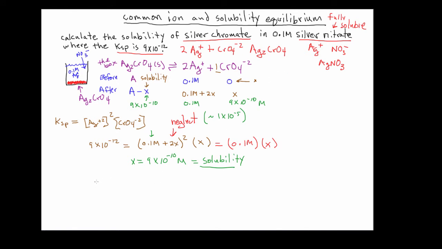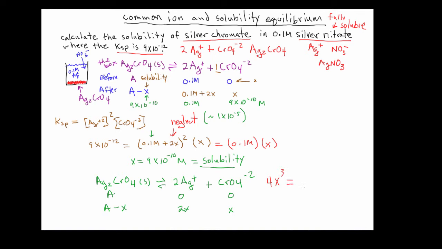before I close this video, there's something I want to point out, and that is that if we very quickly were to calculate the solubility of the silver and the chromate in the absence of the common ion, setting up that problem is going to look like this. It's the classic setup. All right. When we come to equilibrium, we're going to have 2x of the silver and x of the chromate.